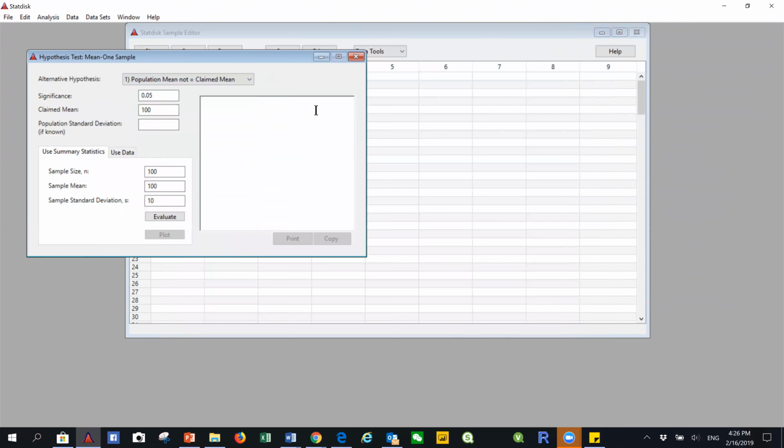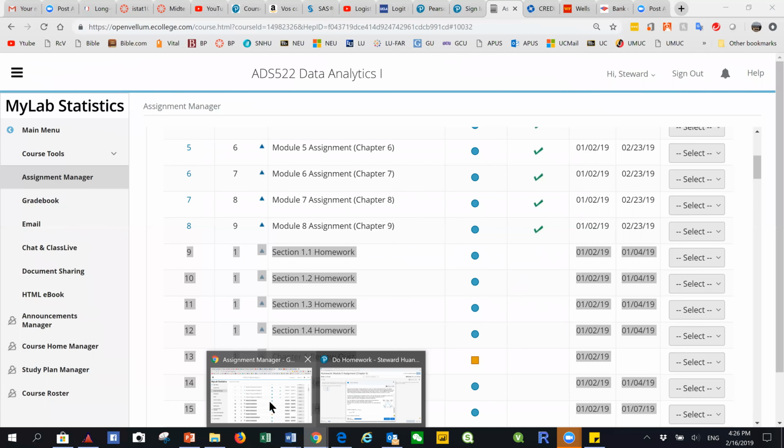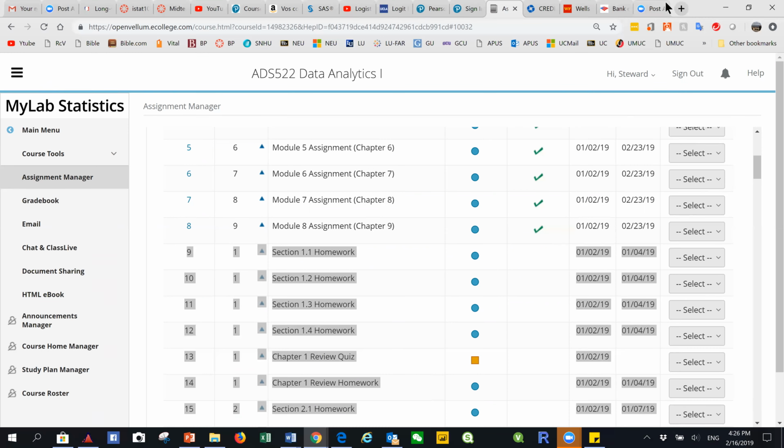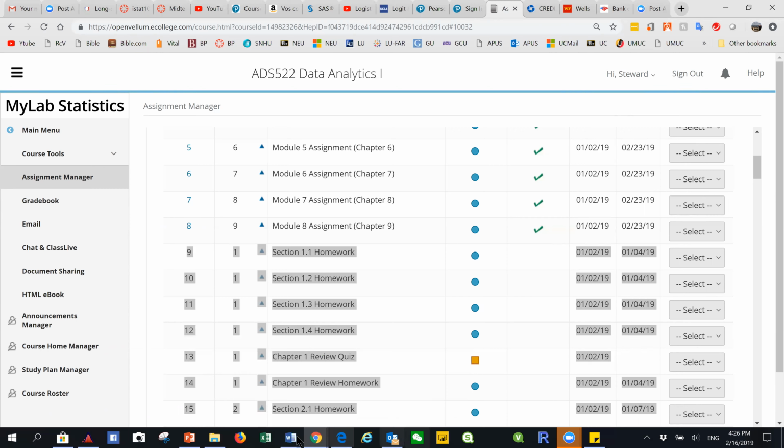Here you should be able to get the same result that you calculate manually. If you want to know more, you can go to the statdisk.org website and look up the video concerning hypothesis tests. You will see video examples as well. This is pretty straightforward.